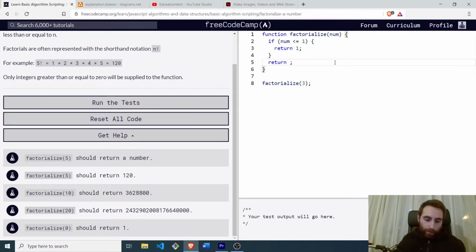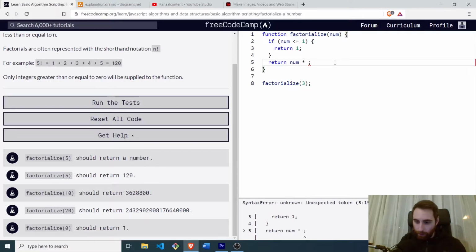So we can say it's 5 as a placeholder for num times, and to get into the function again so that it doesn't stop there, I mean, if we say num minus 1, we have to put it in parentheses because of the order of operations.